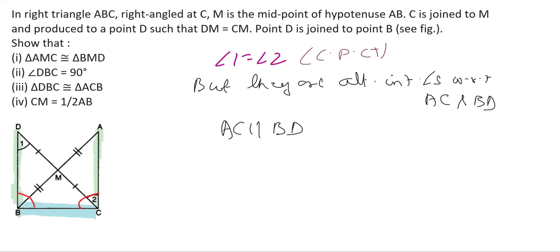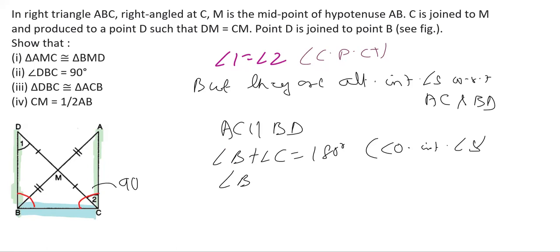That means I can clearly write here, angle B plus angle C is equal to 180 degrees, by co-interior angles. Since we know the value of angle C as 90 degrees, we simply replace C with 90 degrees, and transposing it to the other side, 180 minus 90 is 90. So this is how the second part can be proved.